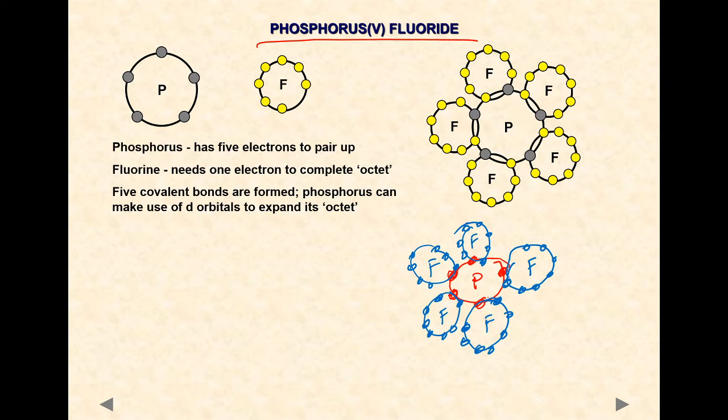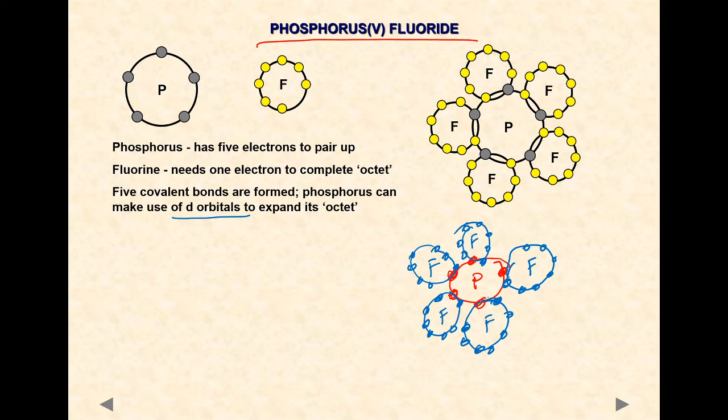Now, one of the things that you notice is that fluoride does not obey the octet rule, in the sense that it has d orbitals that are able to expand its octet. So it has d orbitals which allows it to expand its octet.